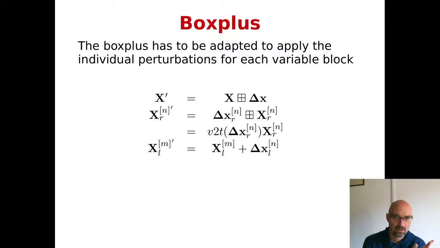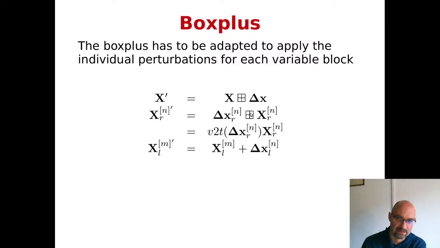Is that clear? So in order to define the box plus that now operates on a large state and takes a large perturbation vector, we unpack the perturbation vector and the state in little components, and we apply the box plus that we know to every individual component. Accordingly, the box plus defined in this domain will be, for each pose, if the pose is a robot pose, I will take the perturbation. Why on the right? Well, this should go on the other side.